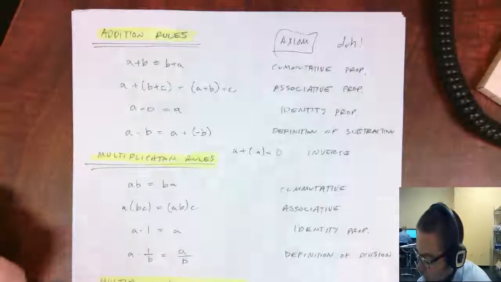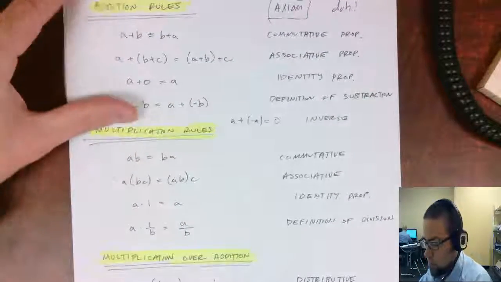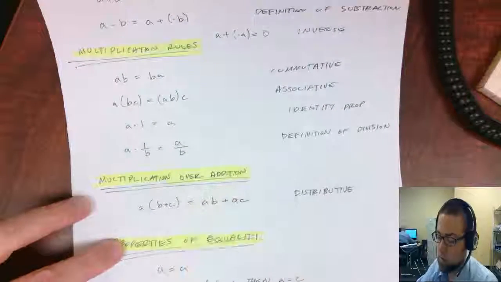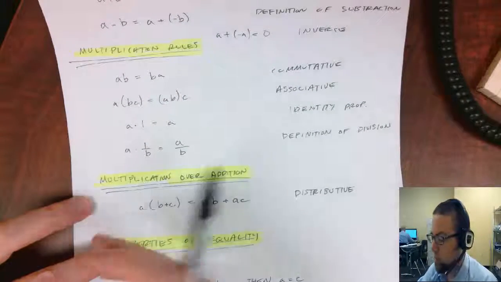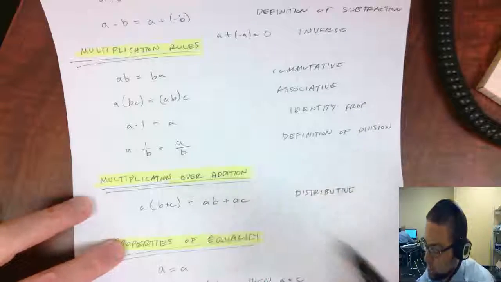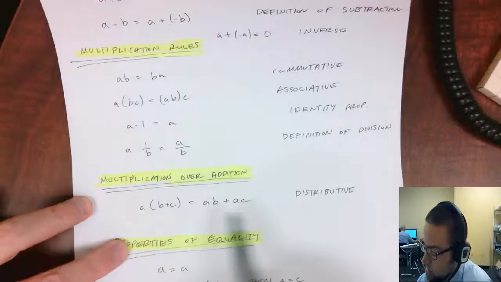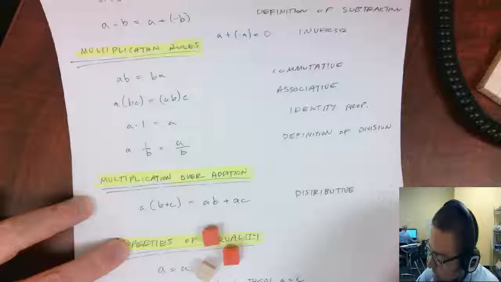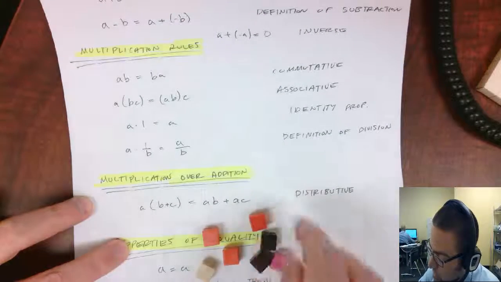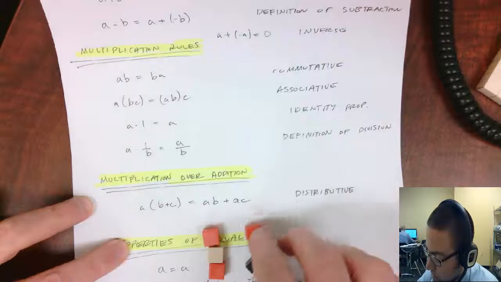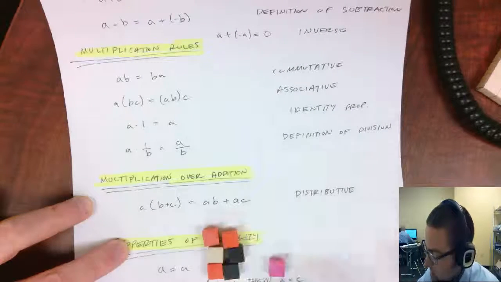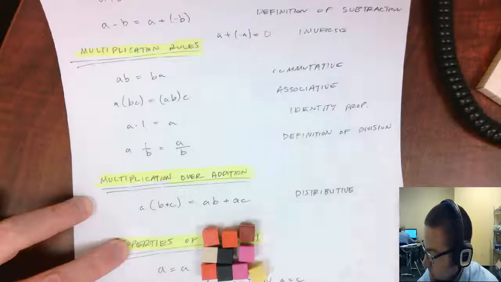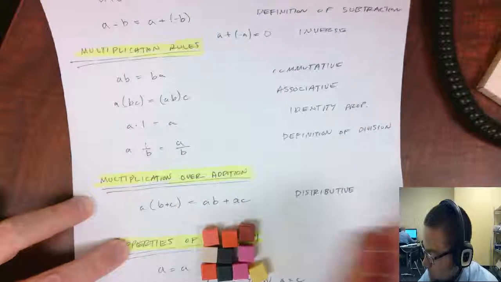These always work. We also have things like multiplication over addition, and all these rules are useful when we're using them on the fly. So that's why we want to build some rules for exponents as well. Multiplication over addition. If I have this area model again, let's do 3 times 4.